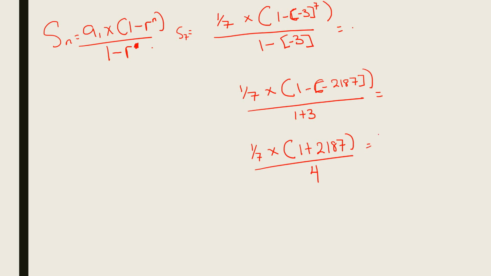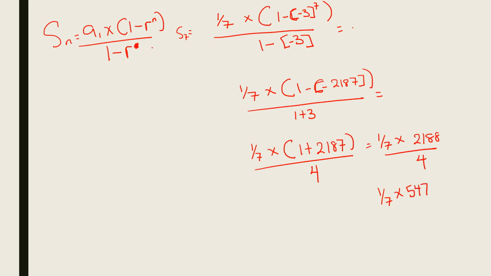So we have 1 over 7 times 2188 over 4. So can 2188 divide by 4? 2188 divided by 4, our answer should be 547. So we have 1 over 7 times 547.